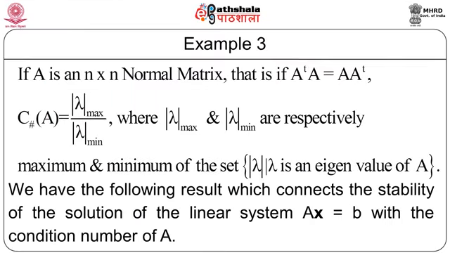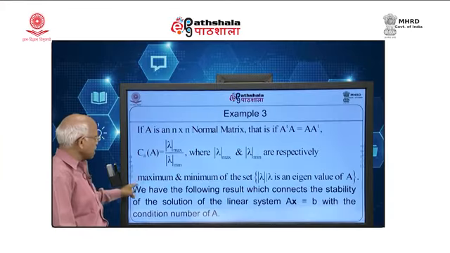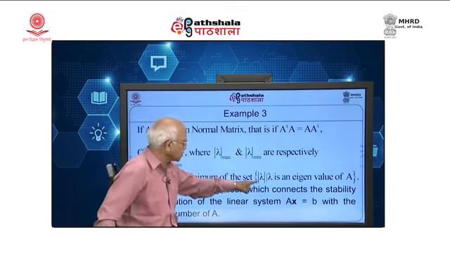If A is an n cross n normal matrix, that is if A transpose A is equal to A A transpose, in that case, the condition number can be represented in terms of eigenvalues of matrix A. So, these lambda max and lambda min are respectively the maximum and minimum of this set.